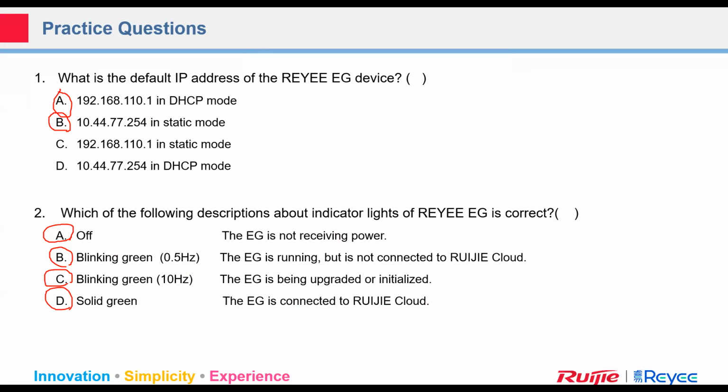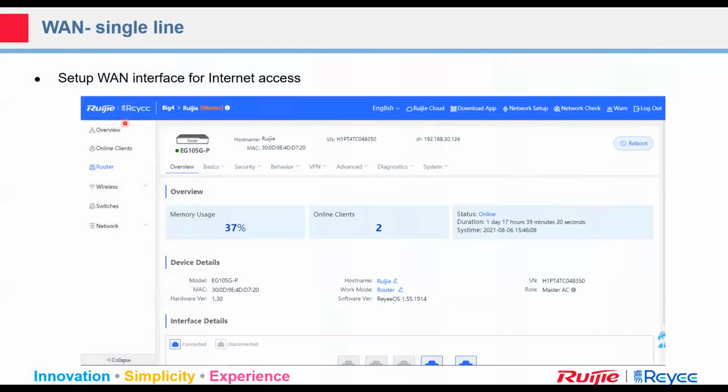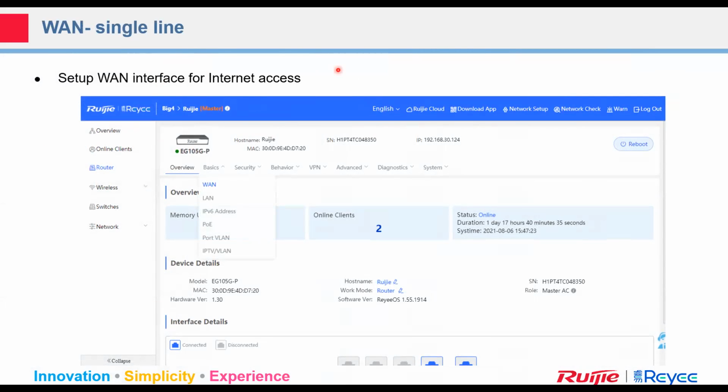All right, moving on. The next one will cover basic function. In order to set up the WAN interface for the EG router, you click here under Basic and WAN.